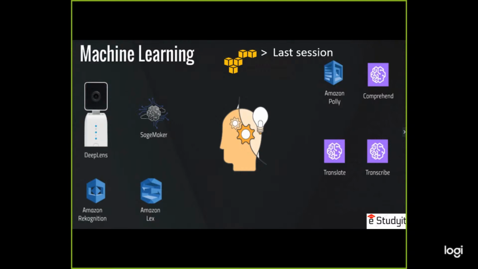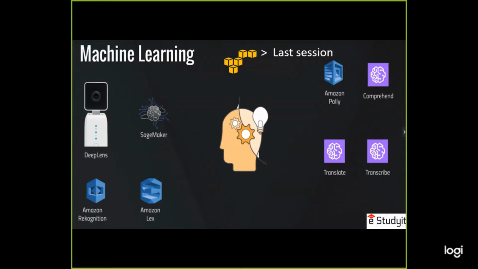Just to recall the machine learning, last session we talked about DeepLens, Rekognition, Lex, SageMaker, Translate, Transcribe, Comprehend, and all of these are used to achieve machine learning experiments, if you would like to experiment on your data and use approaches, methods, or mathematical and computational equations to enhance your results.